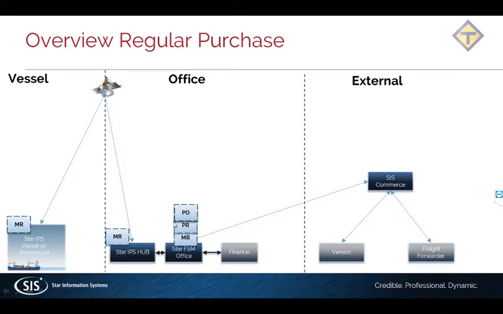After that you can decide what's the best vendor, and you can issue a PO to that vendor. The PO can be sent manually by email, or you can send it again through SysCommerce. Once the vendor receives that, we can split this PO and send a copy to your freight forwarder.